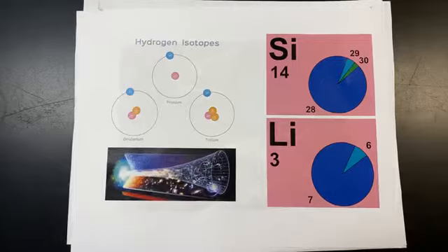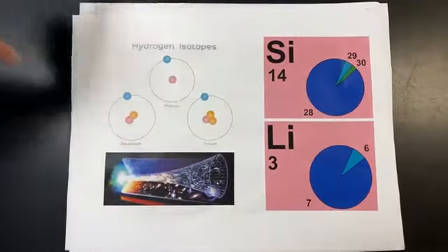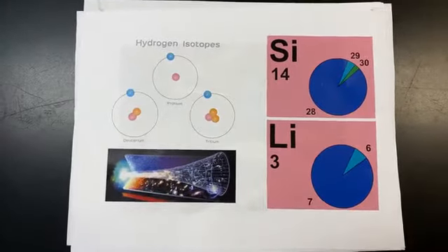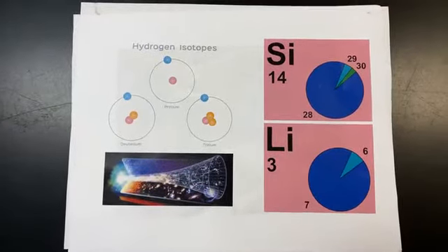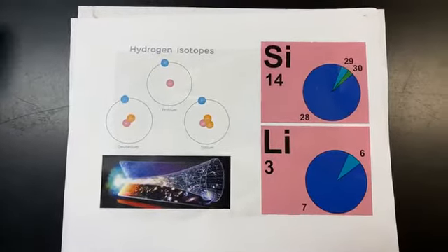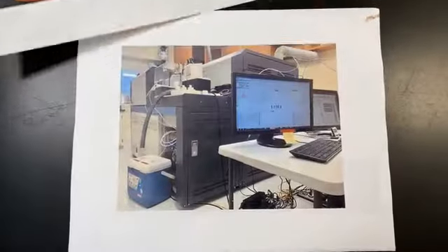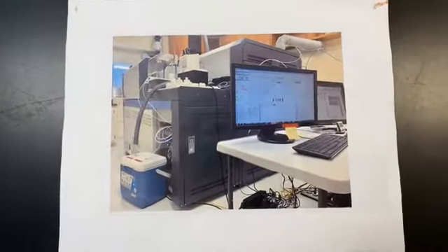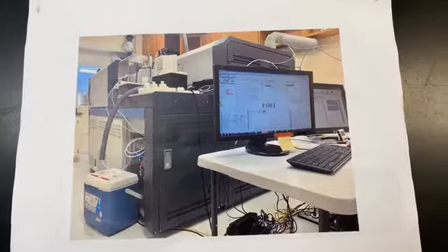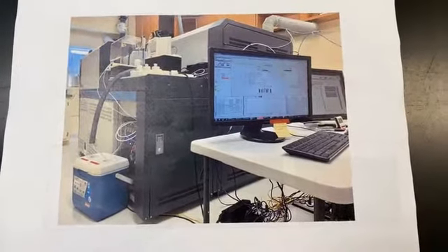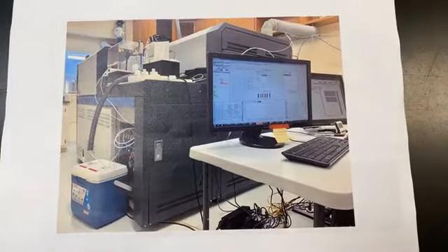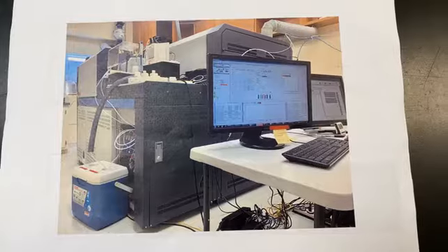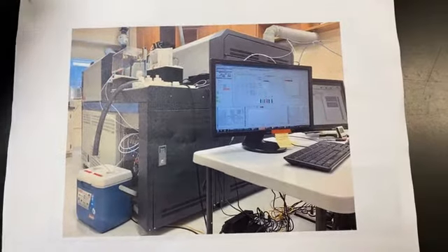However, there are small variations in the relative proportions of different isotopes, and that's the key we want to look at because they will tell us the sources of the materials. To measure these small variations is not easy, so we have to use a very high precision instrument. We will use a multi-collector mass spectrometer housed at DISL, called the Neptune. Currently there's only one such instrument in Alabama, and so we're very excited to get some data out of it.